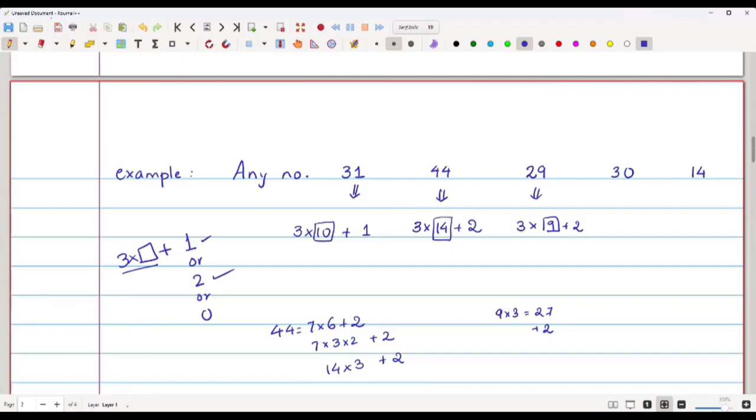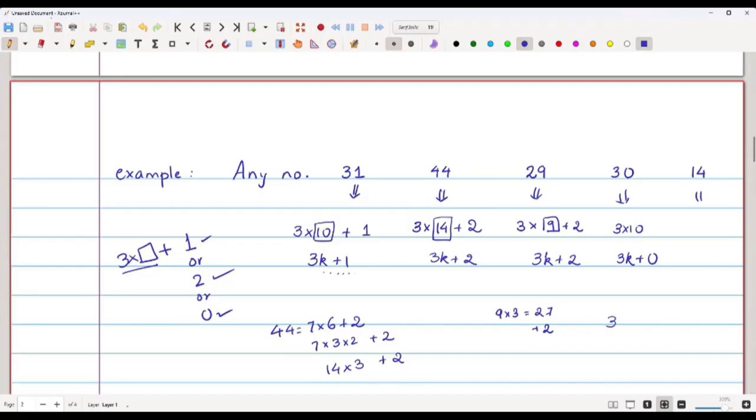This number is also 3 into something plus 2. This is also 3 into something plus 2. The first number was 3 into something plus 1. What is 30? 30 is 3 into 10, so this is 3 into something plus 0. It's the last case. What is 14?